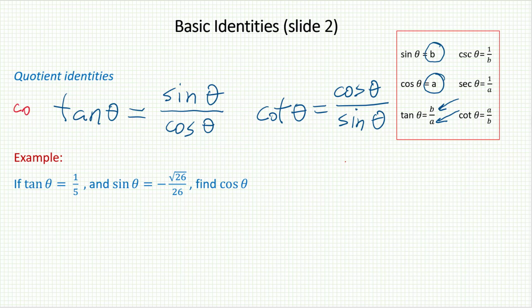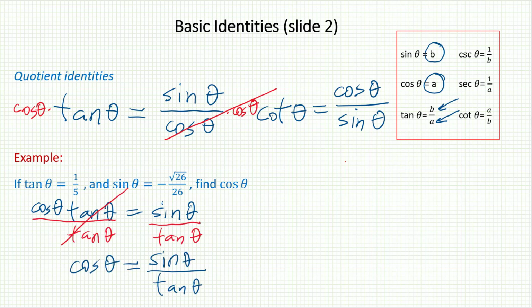I will multiply both sides by cosine theta, giving me cosine theta tangent theta equals sine theta. And then I will divide both sides by tangent theta. And that gives me a version of the quotient identity that I can use in this problem. Cosine theta is equal to sine theta over tangent theta, simply a different version of that quotient identity.